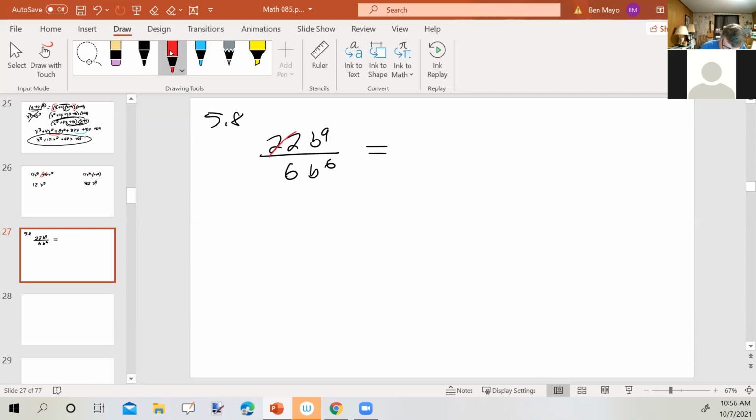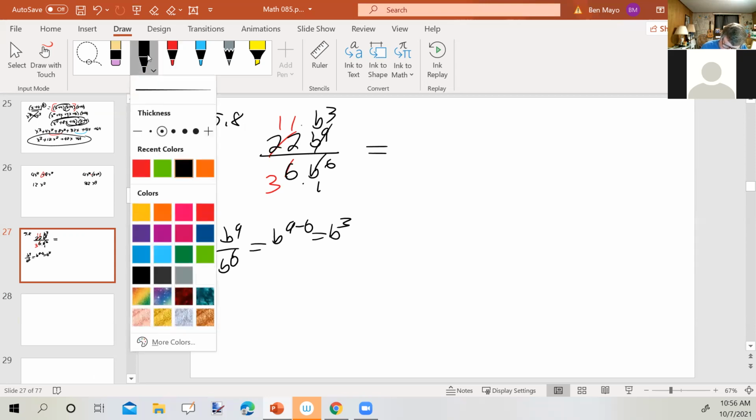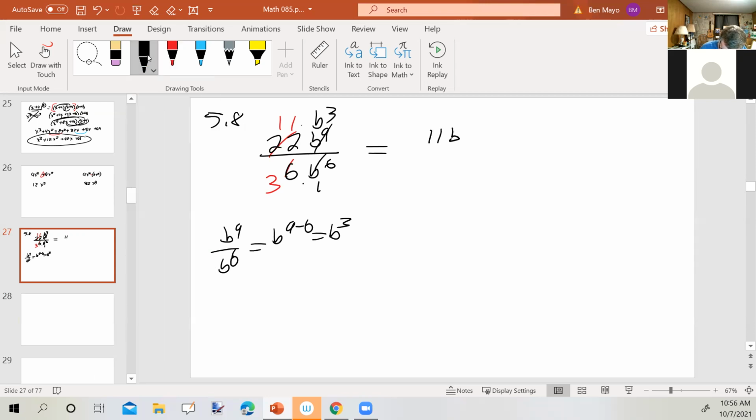I can reduce the 22 over 6 to 11 over 3 by dividing the top and the bottom both by 2. Then dividing two powers with the same base, b to the 9th over b to the 6th is b to the 9 minus 6, or b to the 3rd power. So I end up with 11b cubed over 3.